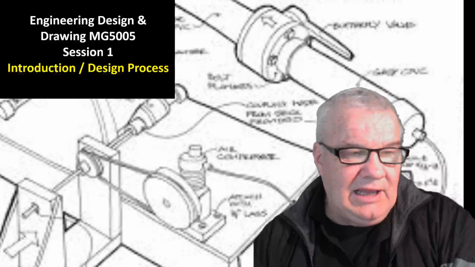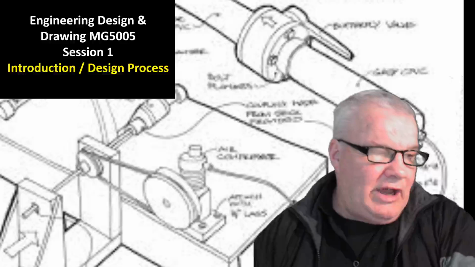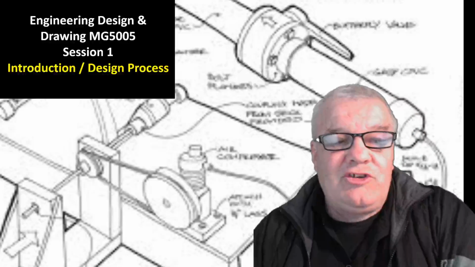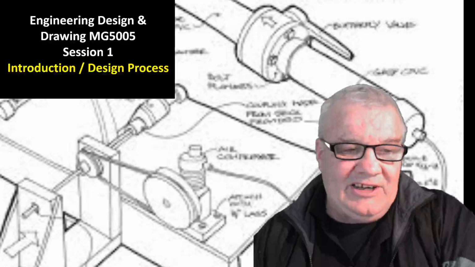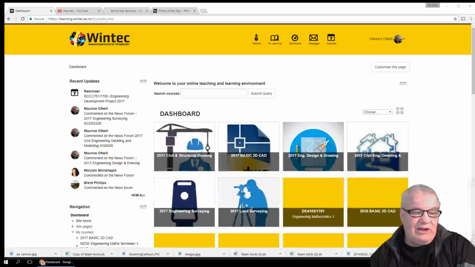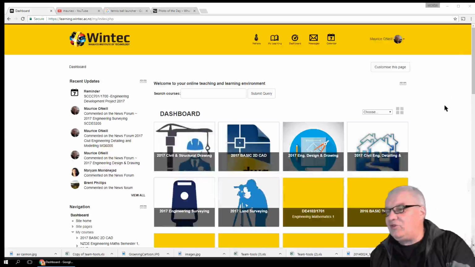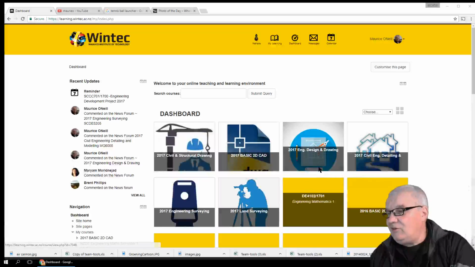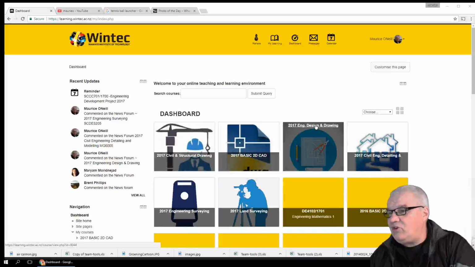So, at this point in time, what we need to do is let's go to the Moodle site and have a look. So, here we go. We'll just head across to the Moodle and have a look. Now this is something like what your Moodle site should look like. This is my page, so it'll be slightly different. So let's go to Engineering, Design and Drawing.